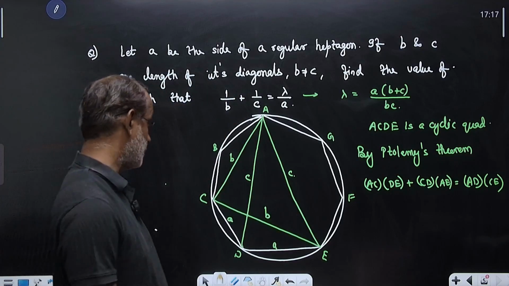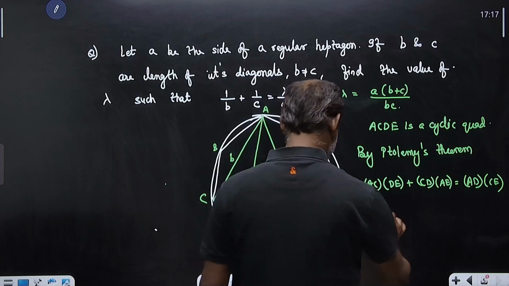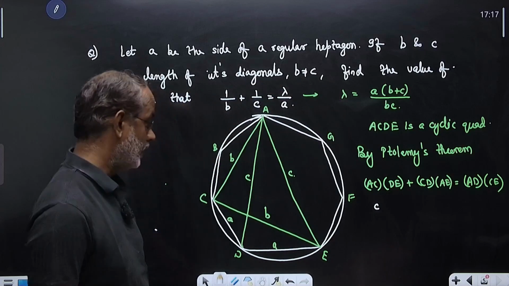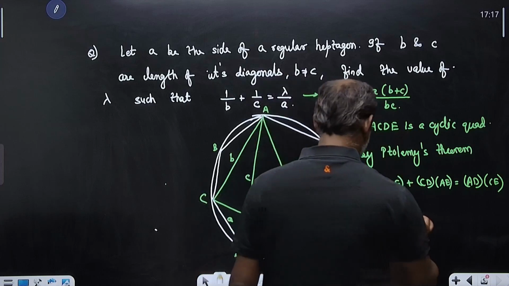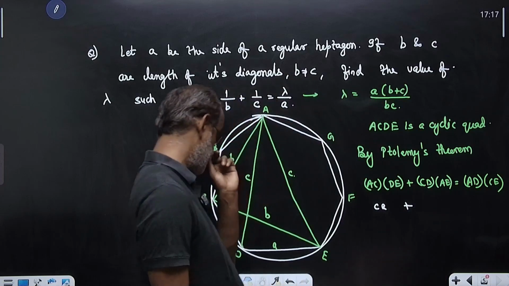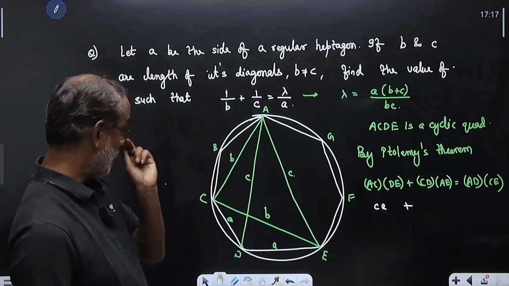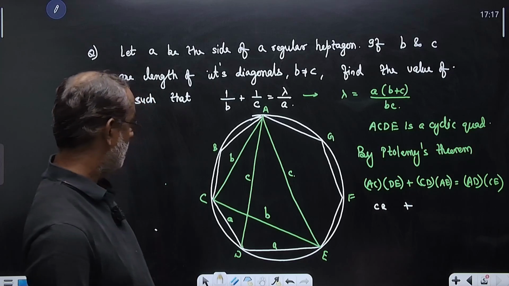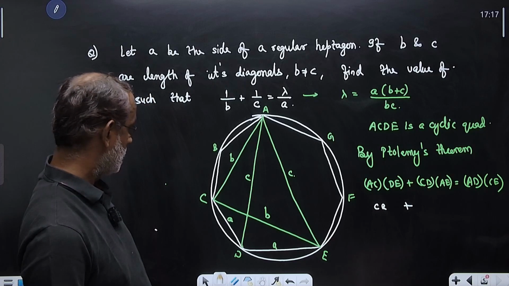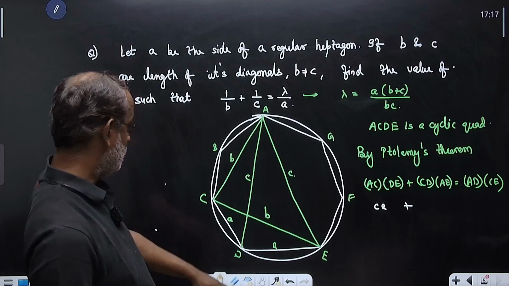AC is b, DE is a, CD is a, AE is c, AD is c, CE is b.